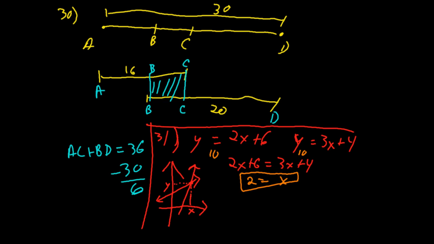I'll clear this space so we have more room to do question 32. For question 32, for all pairs of real numbers m and v, where m is equal to 3v plus 6, what is v equal to?